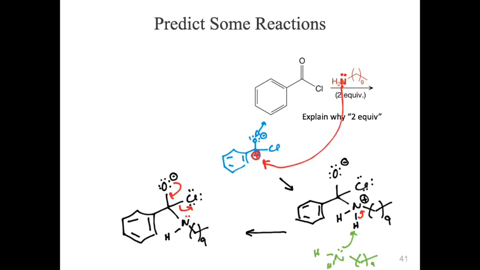Say you had this in water. And that's where this is going to become tricky. If we throw it into water, what's going to be the problem? I have another nucleophile. Water is not a solvent I would use for this. So when we move to the amine and the acyl chloride, what kind of solvent would I use?